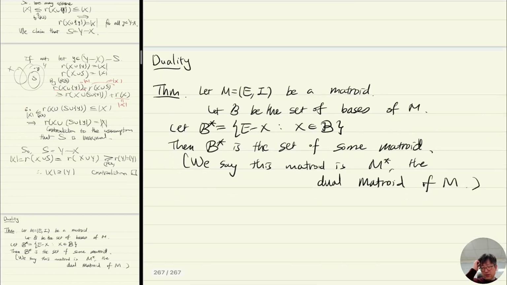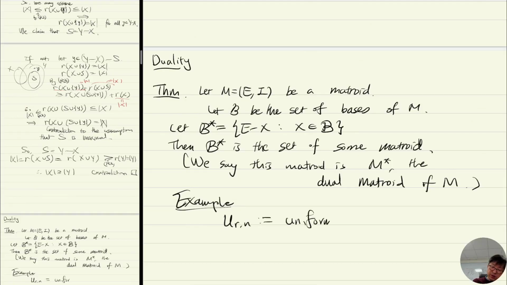Okay. So what are the examples? I didn't talk about the uniform matroid. U_{r,n}, that's a uniform matroid. So what is that?